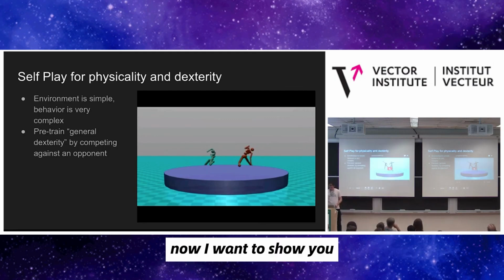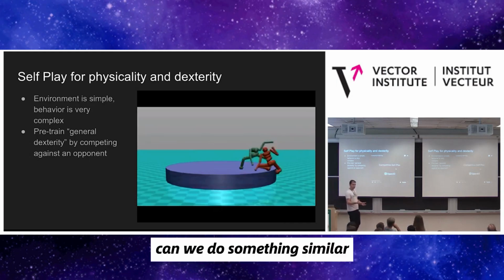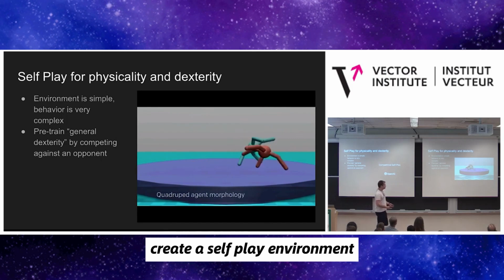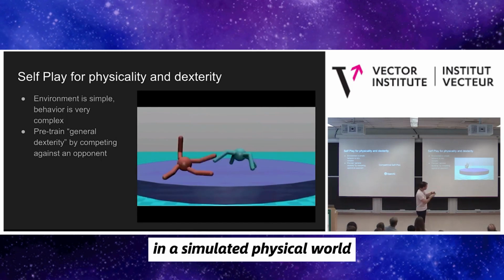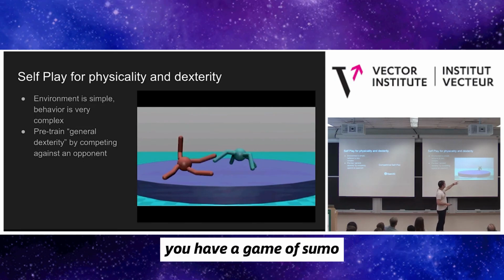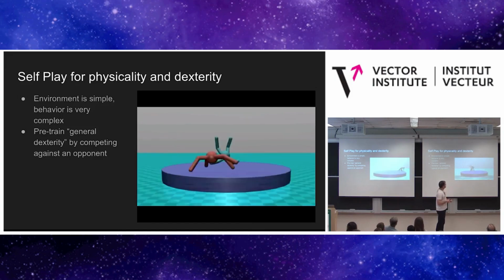Now I want to show you what we did. We said, okay, Carl Sims stuff looks really cool. Can we do something similar? You try to create a self-play environment in a simulated physical world, where here you have a sumo game. One of the agents is trying to push the other agent outside.